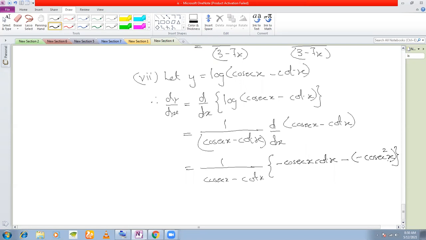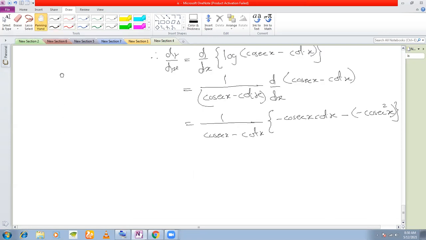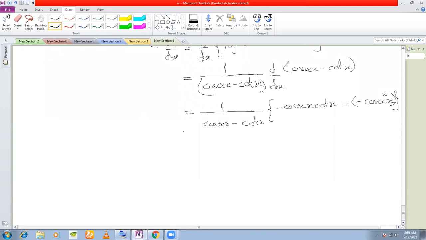Okay, so now we shall simplify this. From the numerator, what can you take common? You can take minus cosec x common.